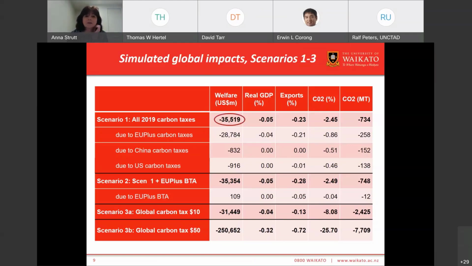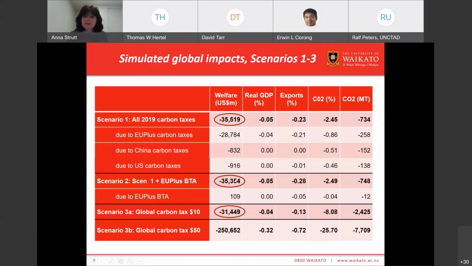The welfare impact of $35.5 billion in that first scenario, when we impose all of those carbon taxes for different regions, is actually reasonably similar across into the second scenario and in the third scenario. But just taking a look at the first scenario first, a very large proportion of that, of course, is driven by the EU plus region itself.